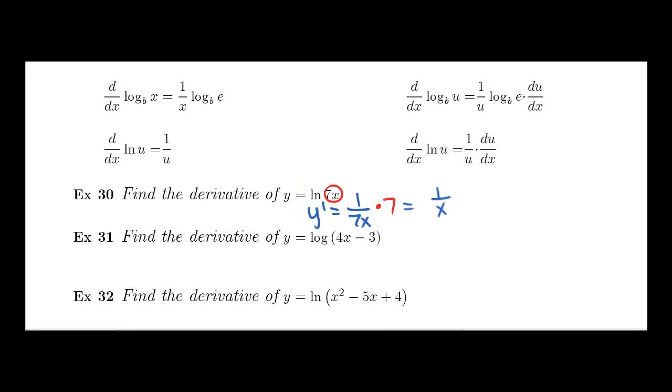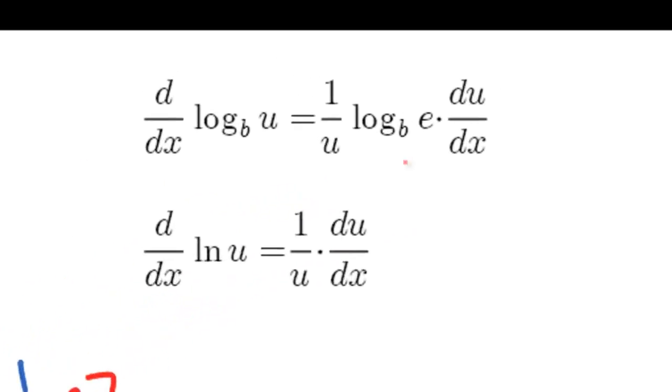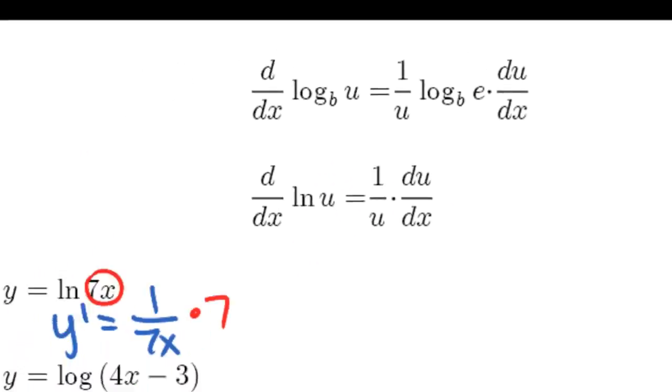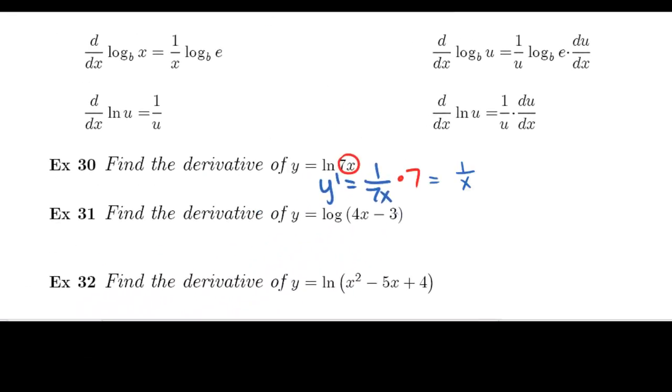For the next example, we have log base 10, or the common logarithm, and so we're going to have to follow this first formula that we have up here. Our y prime is going to be 1 over the 4x minus 3, so it starts off the same.